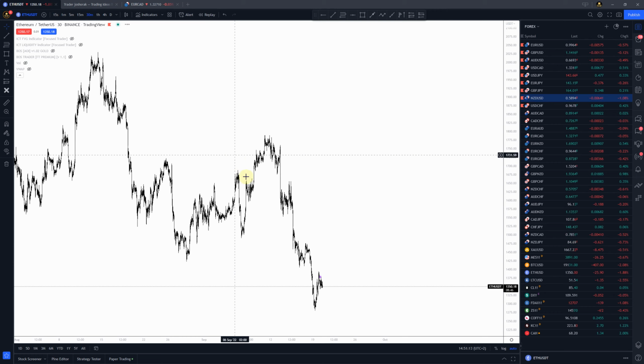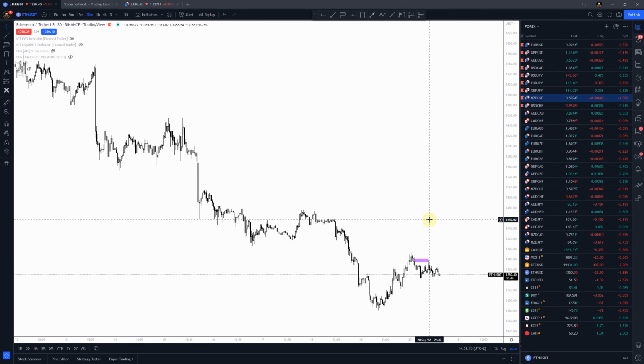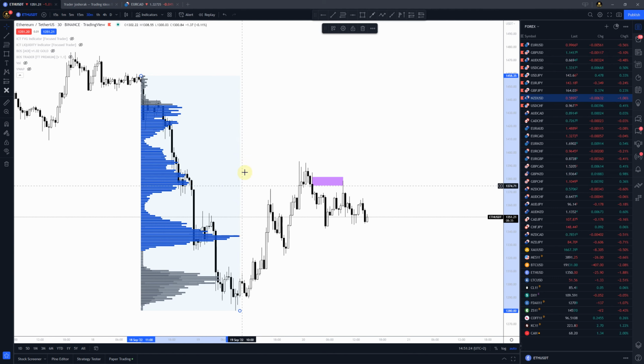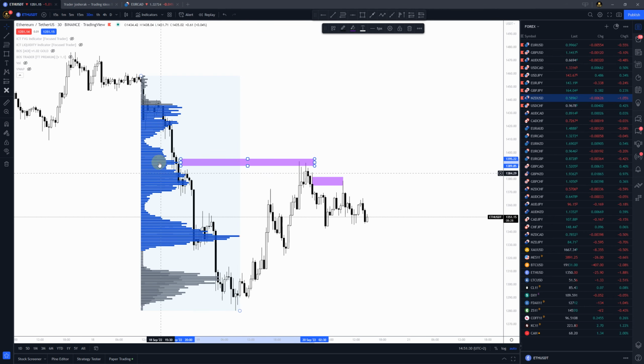And let me go to 30 minutes and let me find something more interesting, probably. There is a whole redistribution there, and we see some volume nodes here. Wow, yeah.